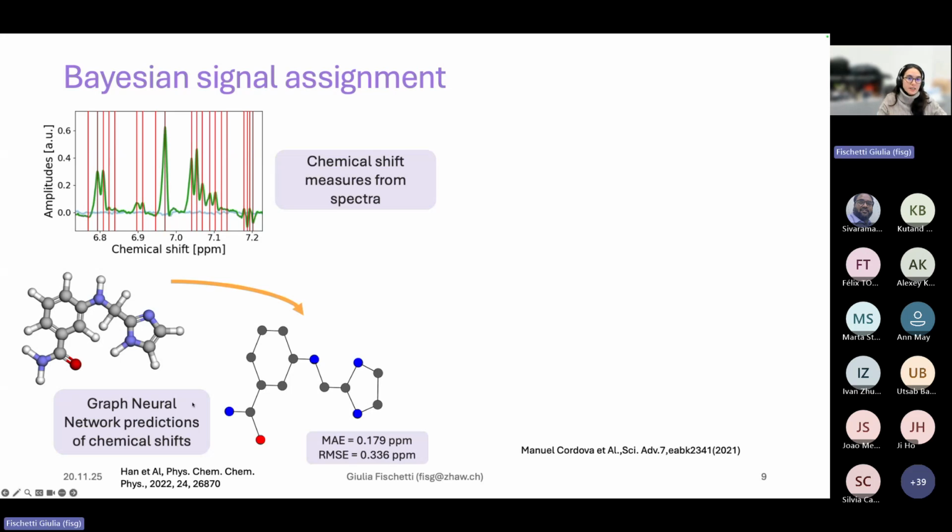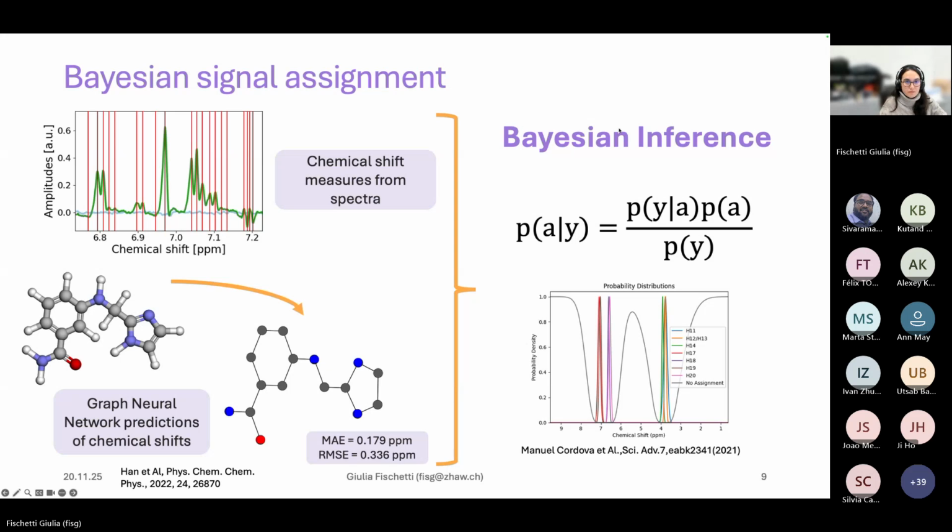And then we use Bayesian inference to perform a probabilistic matching between the experimental chemical shifts and the predicted chemical shifts, so that we can really pair the label of the hydrogens to the experimental shift.